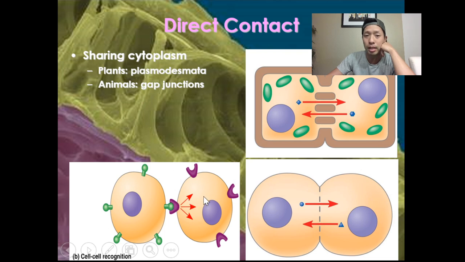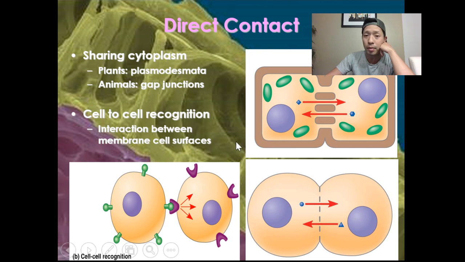So it's not just unique to your immune system, but that's going to be really important for cell-to-cell recognition, right? This is the mechanism that we figure out whether or not those cells belong there. And so what we're really talking about here is an interaction between the membranes of the cell surfaces.